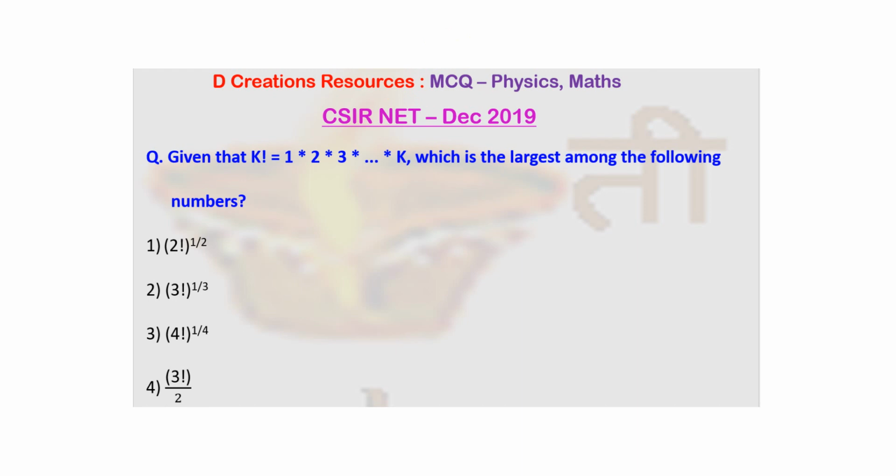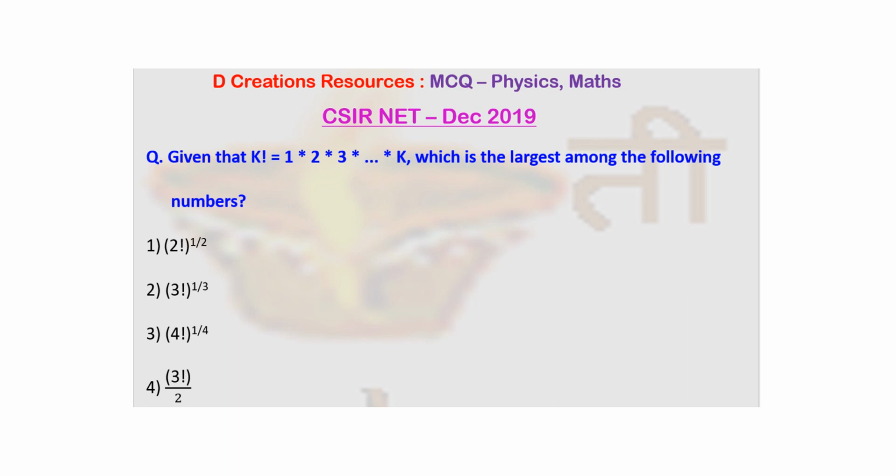Now here we are going to solve a question from the CSIR NET exam, from December 2019. The question is: given that k factorial is 1 into 2 into 3 and so on up to k, so basically the factorial has been defined here, which is the largest among the following numbers?